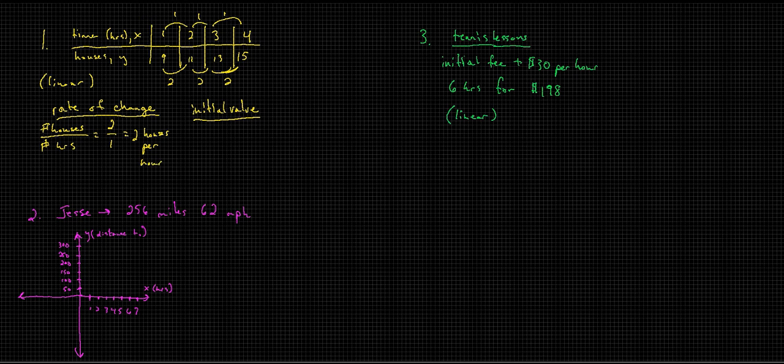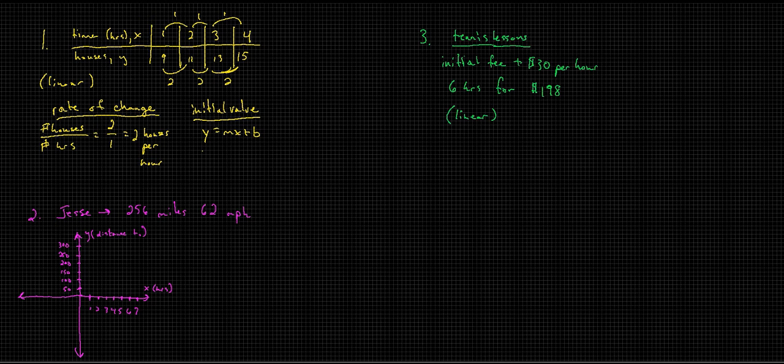Now for the initial value, again, we have several ways that we can do that. We'll go ahead and just use slope-intercept form, y equals mx plus b. And we can pick any y, any x. I always use the first one, the smallest x value, because it usually ends up being easier.